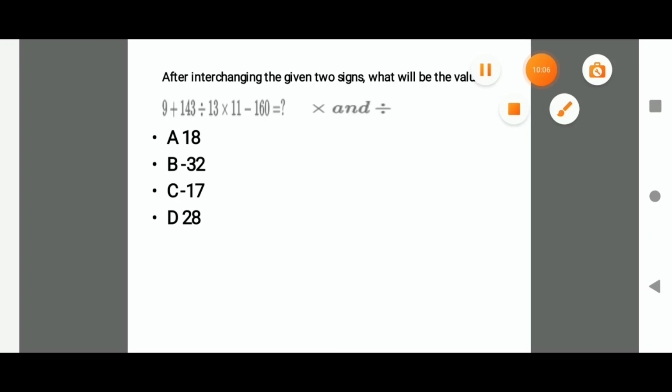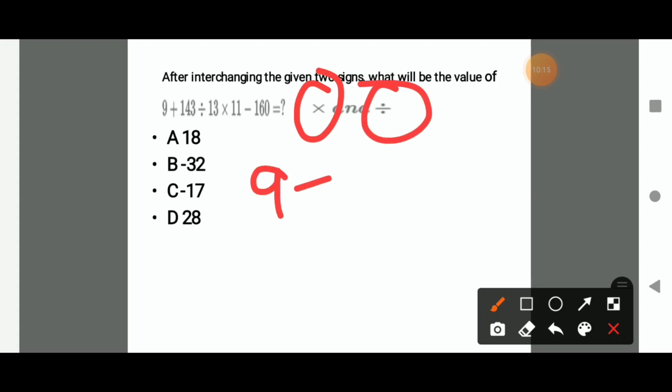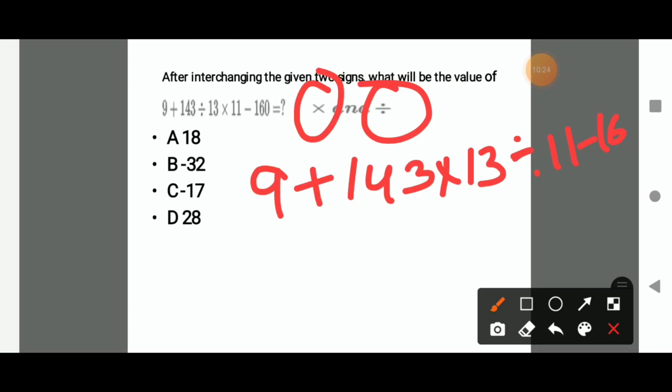So the next one is, in this equation multiplication is replaced with division and division is replaced with multiplication. 9 plus 143 into 13 divided by 11 minus 160.